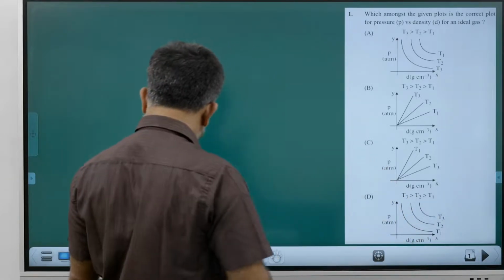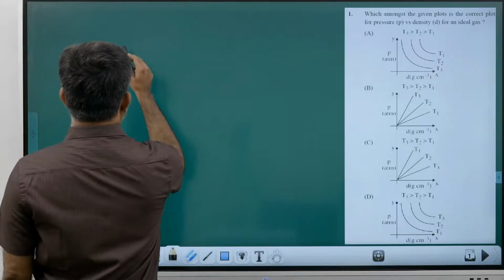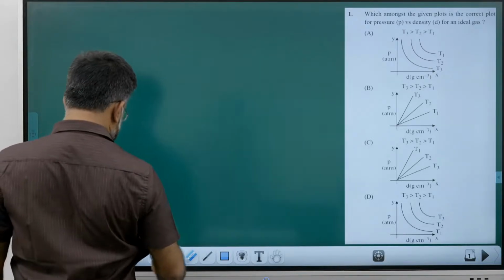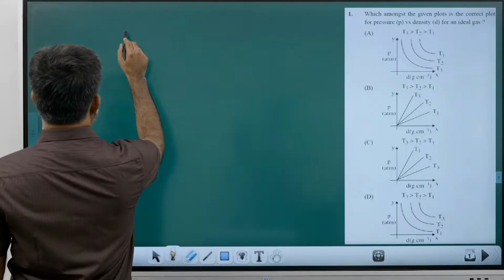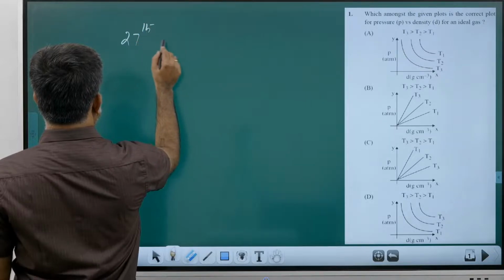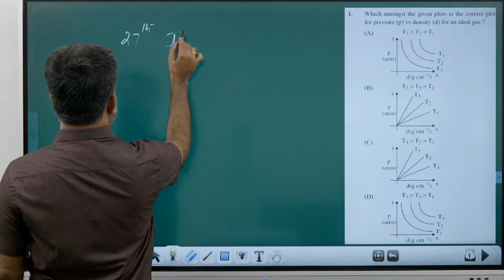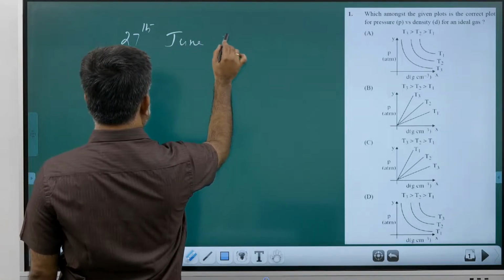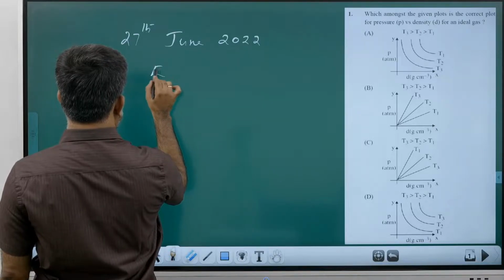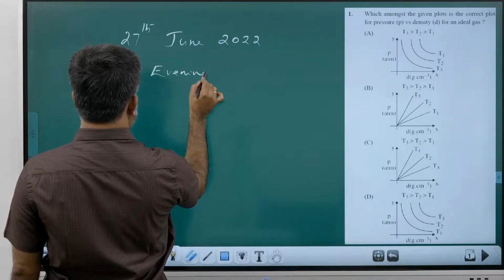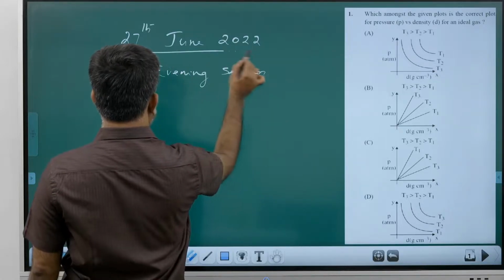Today we are going to discuss the paper conducted on 27th June 2022, evening session paper.